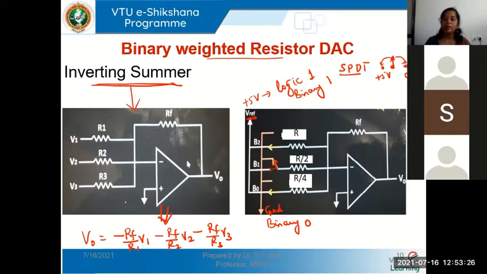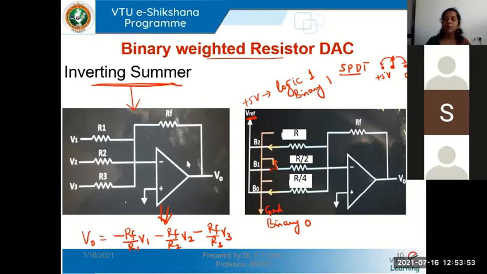I am changing the resistance values by dividing the resistor by powers of 2. That's why it is a binary weighted resistor DAC. Is that clear? Here I am using R by 2 power 1, here R by 2 squared, and the next one R by 2 cubed, or R by 8, and so on.